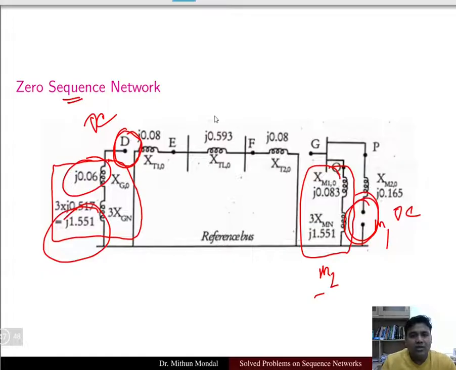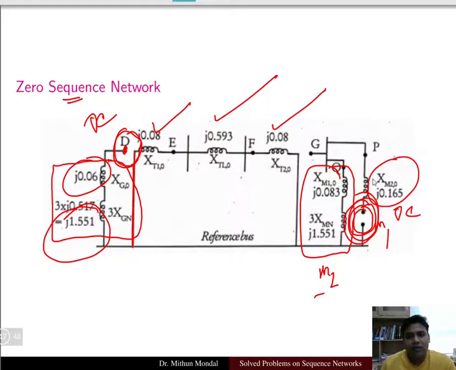Otherwise, this is for the transmission line zero sequence network. This is for the transformer T2, and this is for transformer T1, which will be grounded on this side, and this side will be open because it is not a grounded system. This depends upon the connection, whether it is a star grounded or delta connection network. Here it will be open because in M1 there is no ground involved, so it is only the x0 value we have.